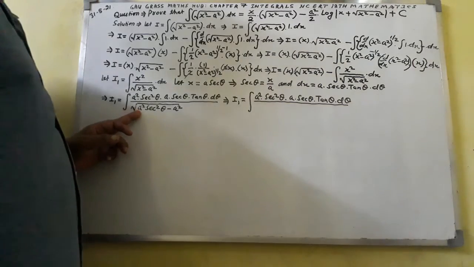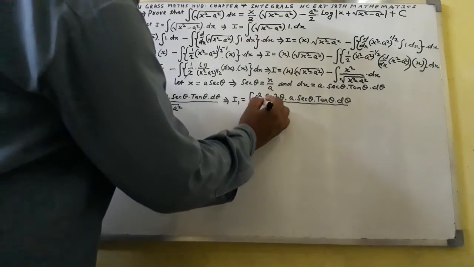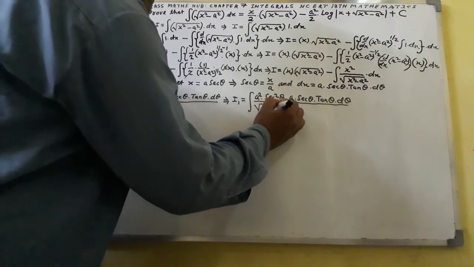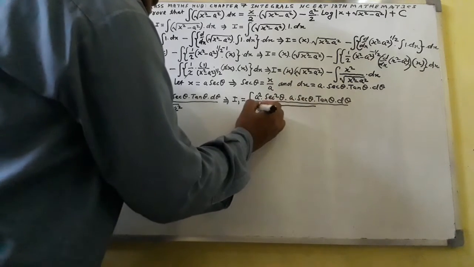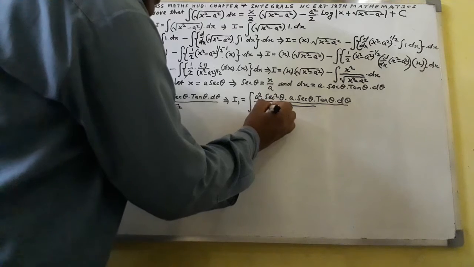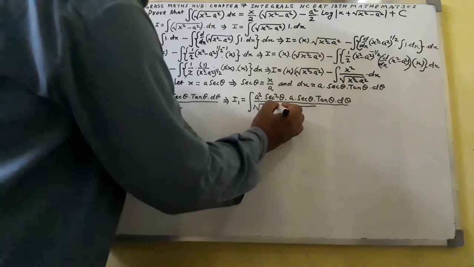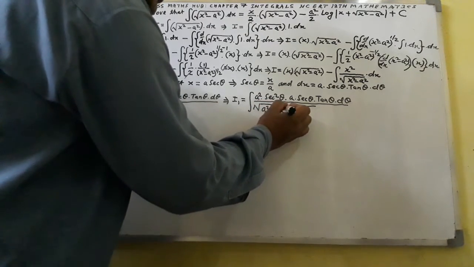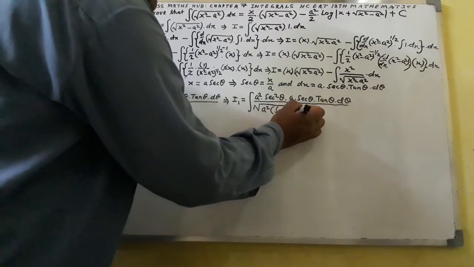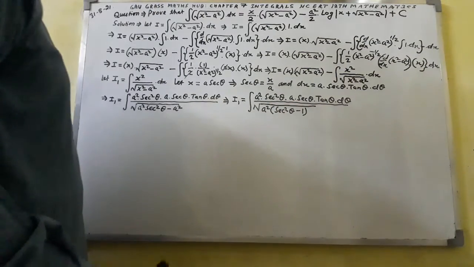So here I shall take a square as common. Take here a square as common. We will get here sec square theta minus 1. This thing we will get.